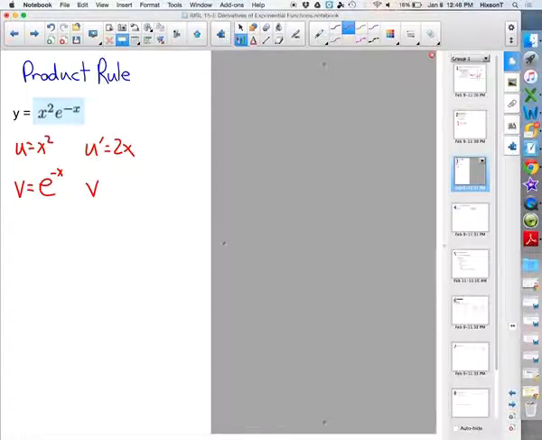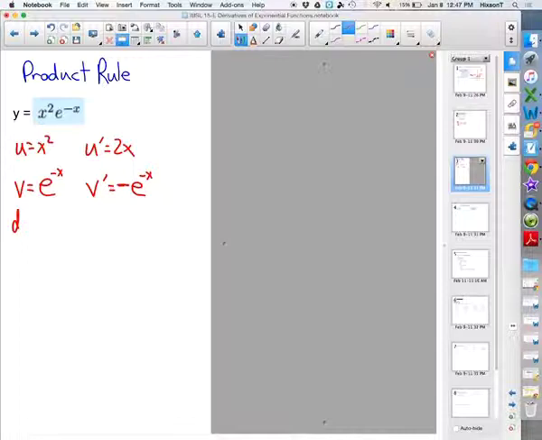What's v prime? e to the negative x times negative 1. Good. So negative e to the negative x. This is a harder one sometimes to remember that you've got to do the chain rule with.